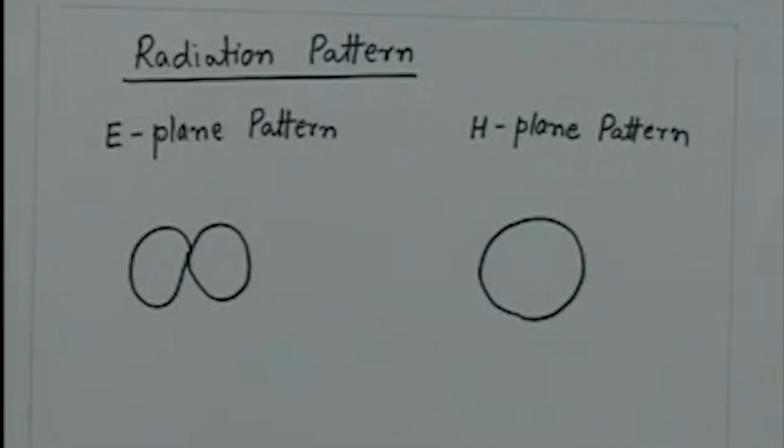But we should always remember that although normally these two sections of the three-dimensional figure are given as radiation patterns, the radiation pattern is actually a three-dimensional surface. That should always be remembered, because many times if we do not remember that, we might come to wrong conclusions, as we will see a little later.